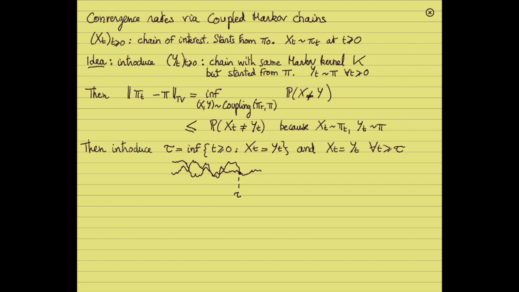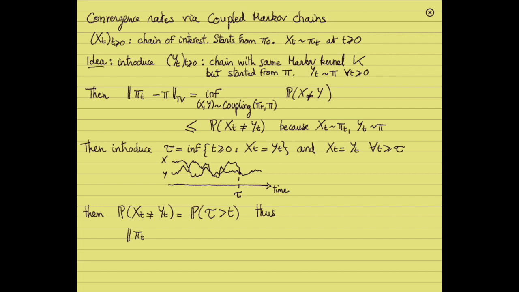There's a certain time tau, after which xt is equal to yt at all times after the meeting time, as in this figure. And so then the probability that xt is different than yt is the same as the probability that the meeting occurs after time t. Probability that tau is greater than t.